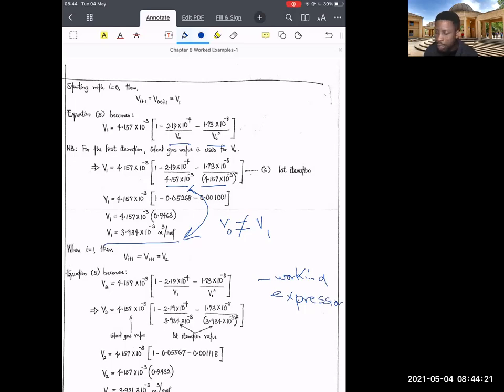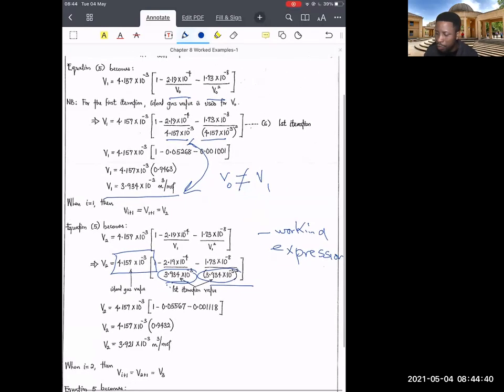So the same story, we plug in the V1 value. The RT over P remains constant. We keep varying this. So you calculate that again, we get our V2.